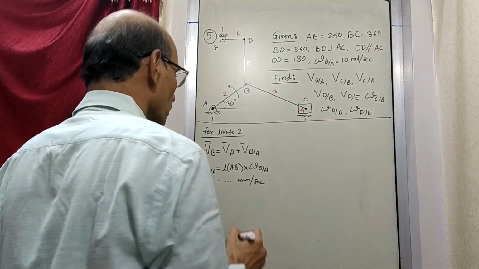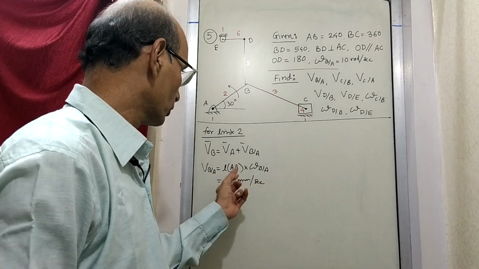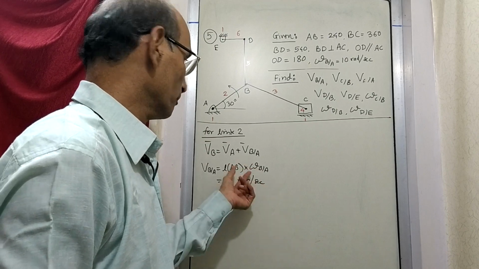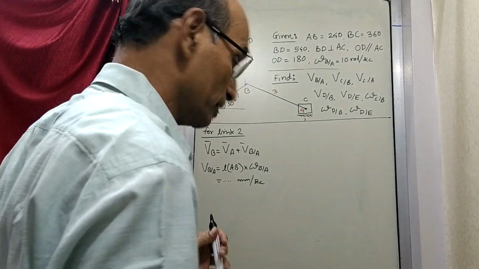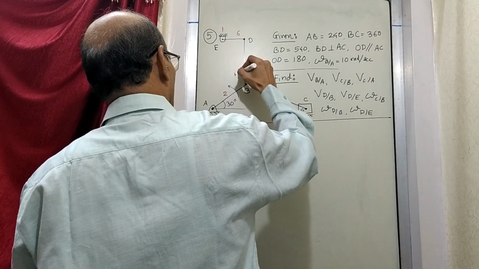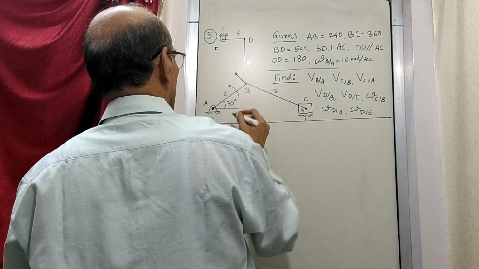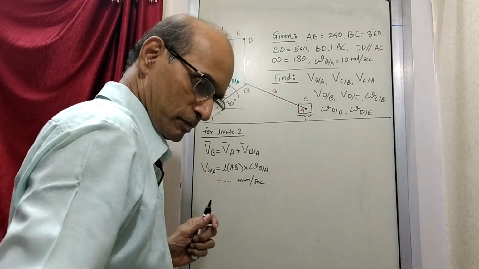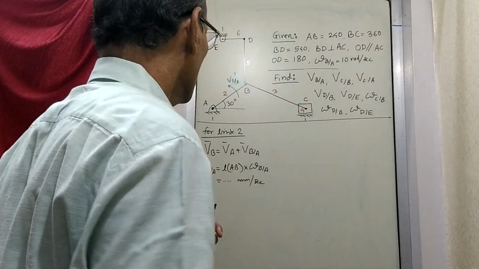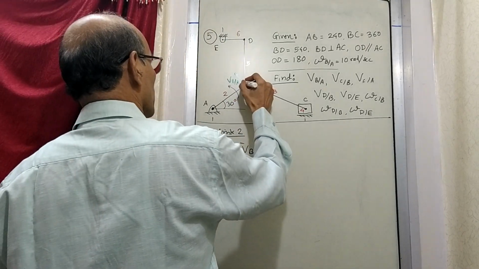This you completely know by magnitude as well as direction, because R is there, omega is there, magnitude is known, direction is perpendicular, so you can show like this. This is the velocity of B relative to A. This is perpendicular to the link.